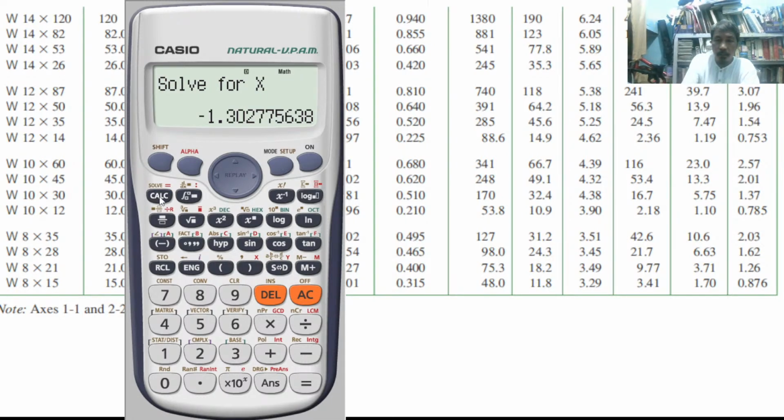Why is this negative? I don't know. Why do we have shift solve negative? Why is the answer negative?